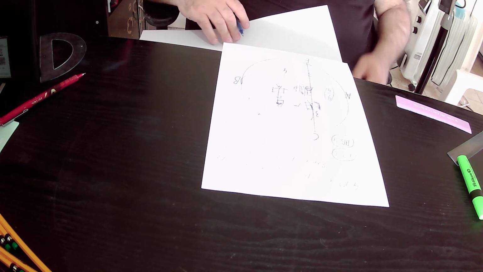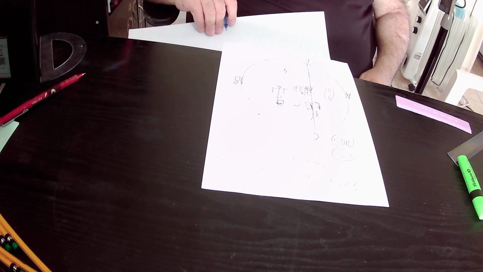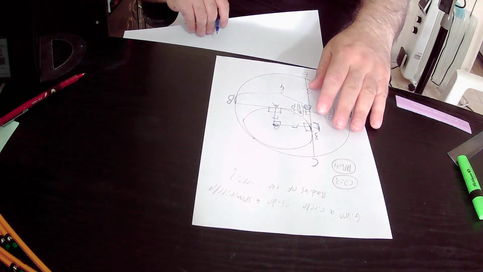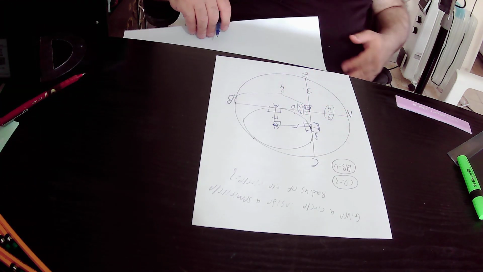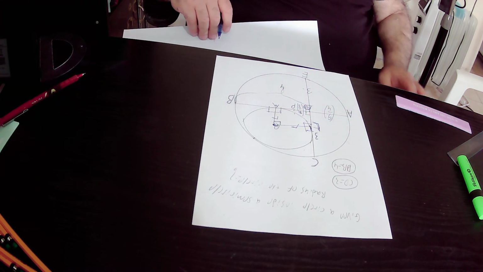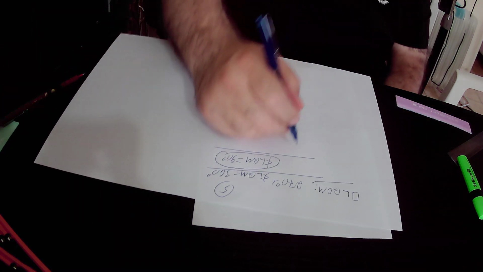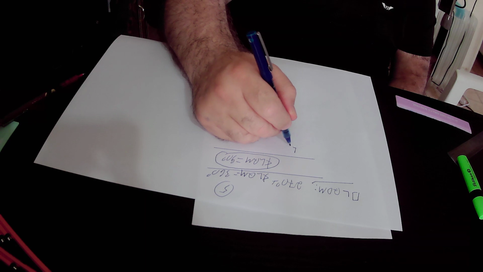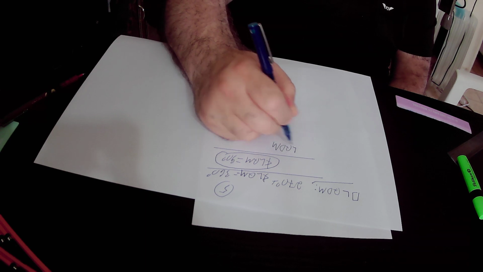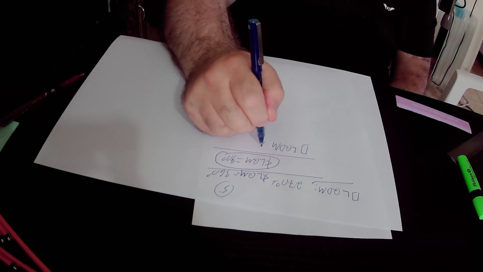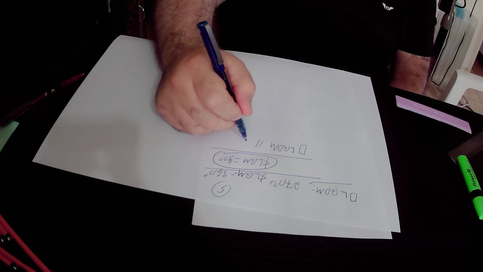So actually, quadrilateral LQDM has four right angles, and therefore quadrilateral LQDM is a rectangle. So write it down. Quadrilateral LQDM is a rectangle because it has four right angles.